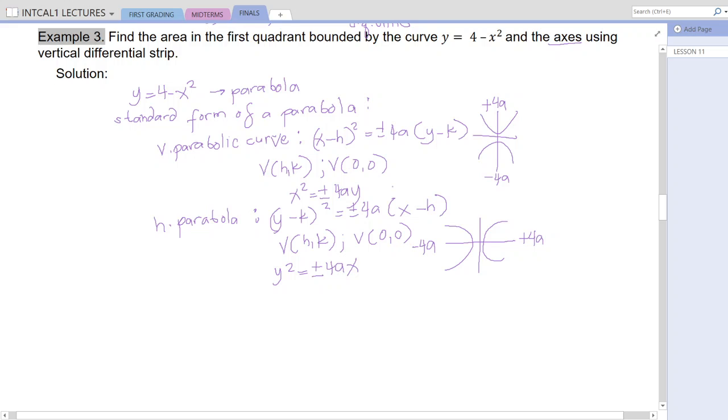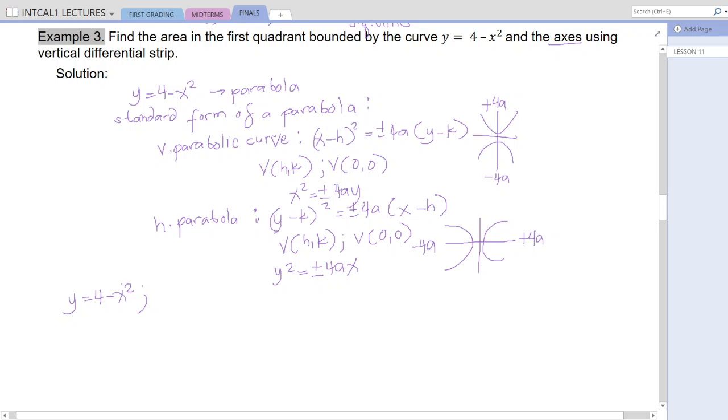Okay, so for our example, y is equal to 4 minus x squared, let me just rewrite that again: y is equal to 4 minus x squared. So writing its standard form, sorry, we have to use x squared.